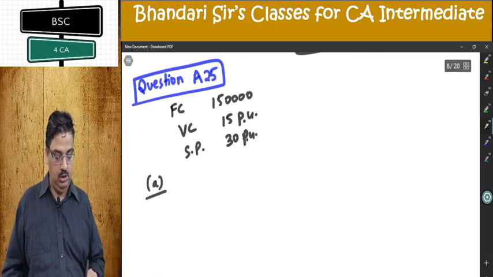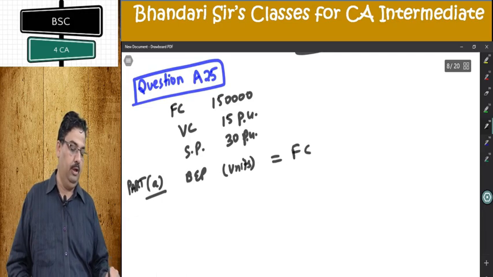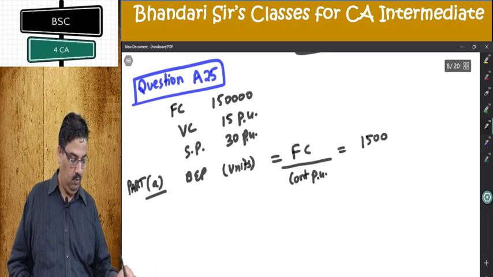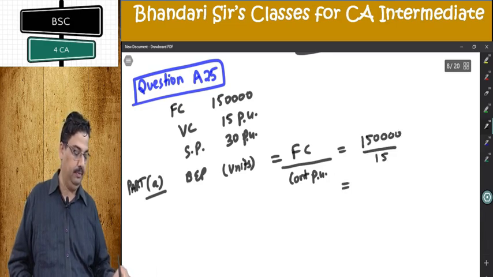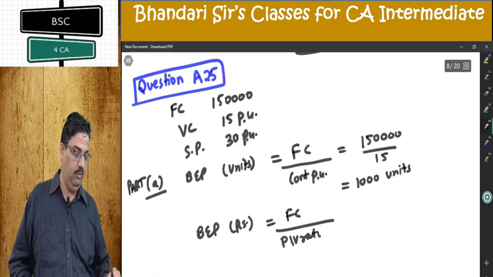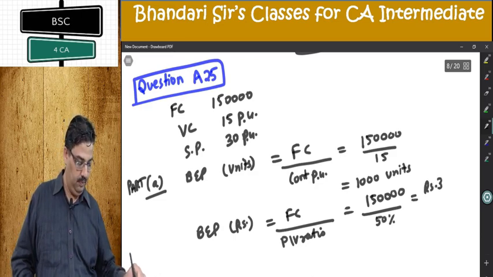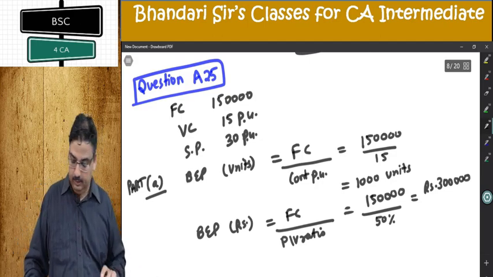A part, it wants break-even point in units: fixed cost by contribution per unit. 1,50,000 divided by 15. 1,000 units. Break-even point in rupees: fixed cost divided by PV ratio. 1,50,000 divided by 50%. Rupees 3 lakh.